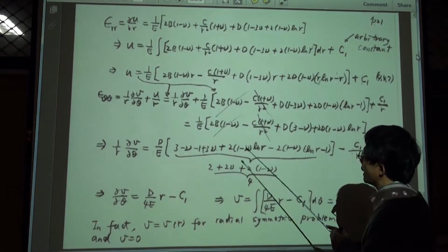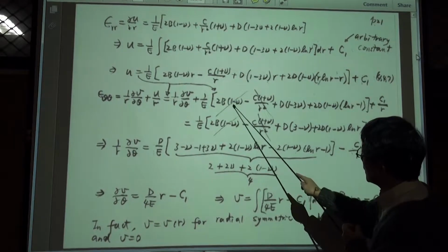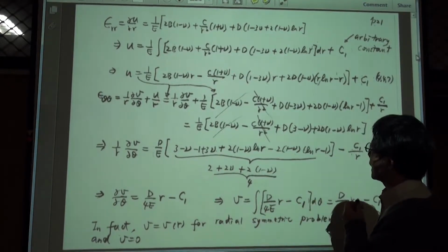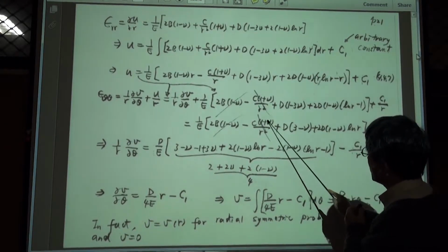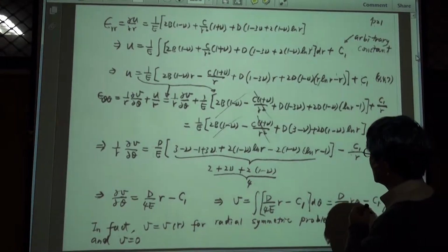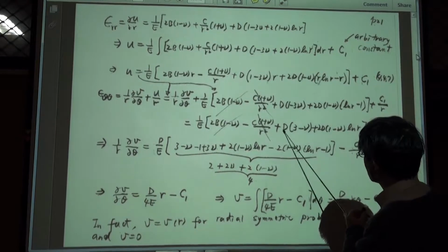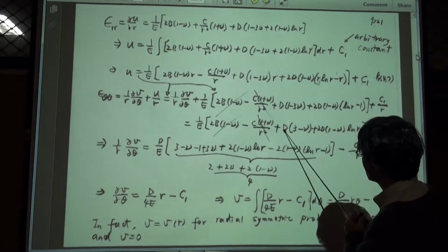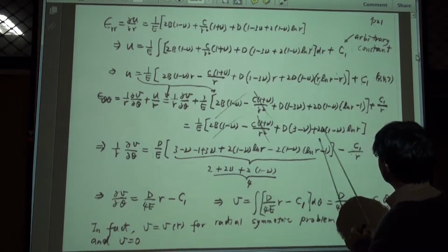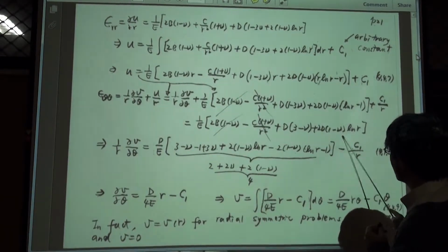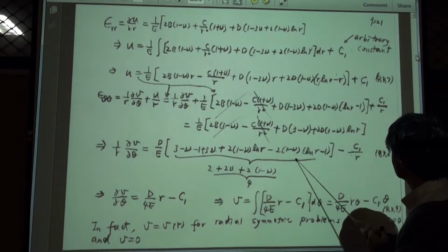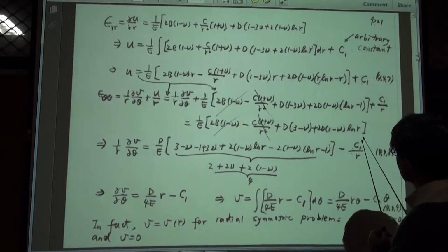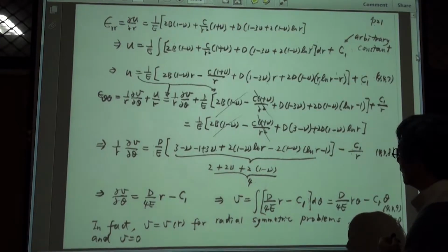Okay, let us do the combination. When we combine, we found that this term and this term cancel each other out, and this term and this term cancel each other out, and this term and this term combine into this term. This term and this term combine into this term, and this term and this term combine into these terms. And this term is written right here.